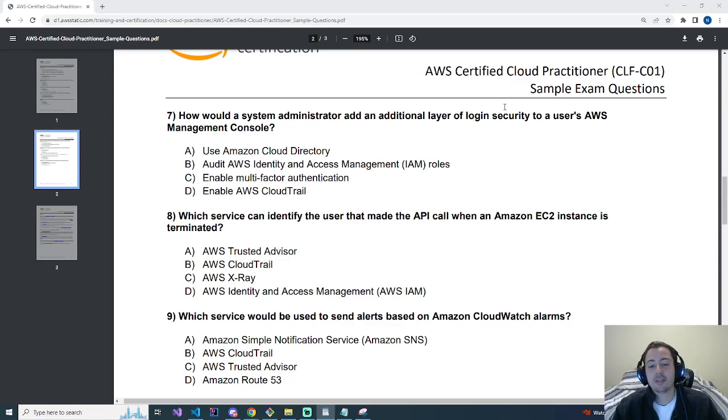I feel like this is what all our applications are always yelling at us about, whether that's gaming or social network. They're always asking you to sign up for two-factor authentication. So how would a system administrator add an extra layer of login security? My intuition is telling me enable multi-factor authentication.